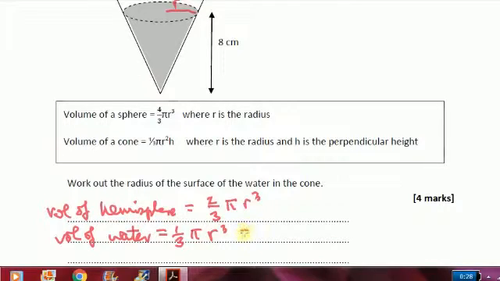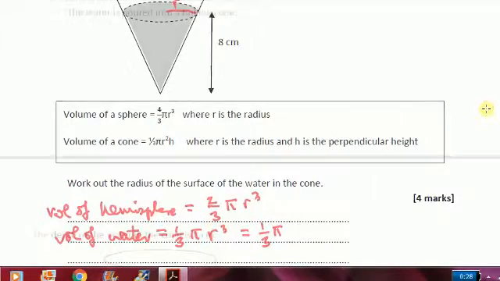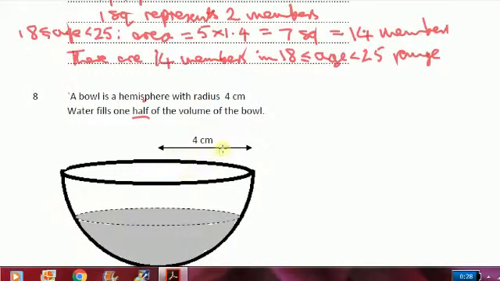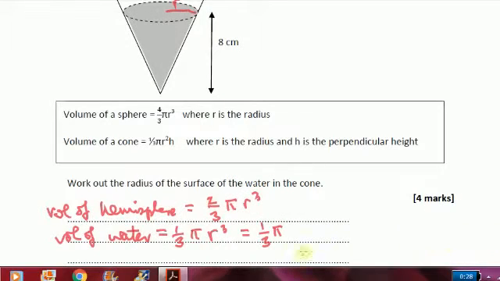Now I know what the radius of the hemisphere is. Let's just check it. The hemisphere had a radius of 4. So I can put 4 for r there, so it's going to be times 4 cubed. And then you use your calculator to get that.